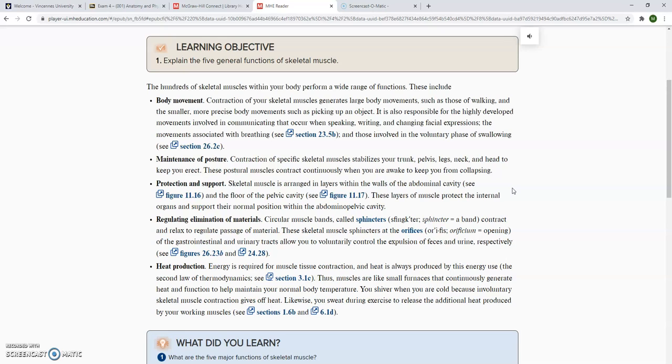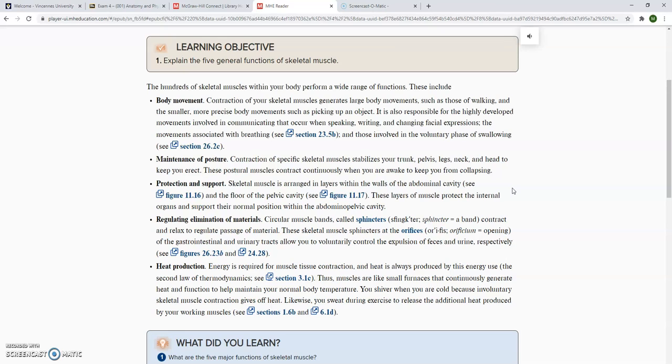One example would be our external oblique and internal oblique muscles, transversus abdominis, rectus abdominis. Those are an example of muscles that are protecting and supporting the organs that are in our abdominal pelvic cavity. So that is another function of our skeletal muscles.